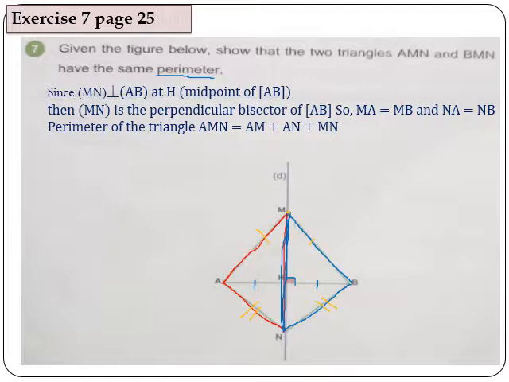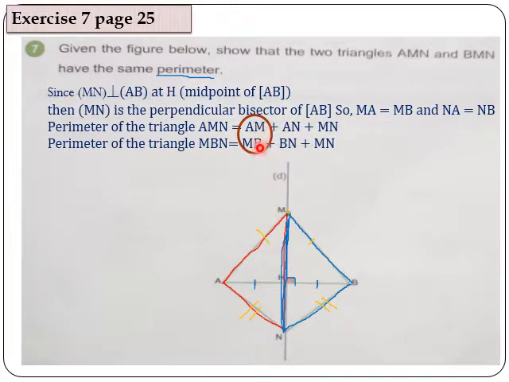The perimeter of triangle AMN. How to find the perimeter? It's the sum of sides. The perimeter of AMN equals AM plus AN plus MN. Similarly, the perimeter of triangle MBN equals MB plus BN plus MN.